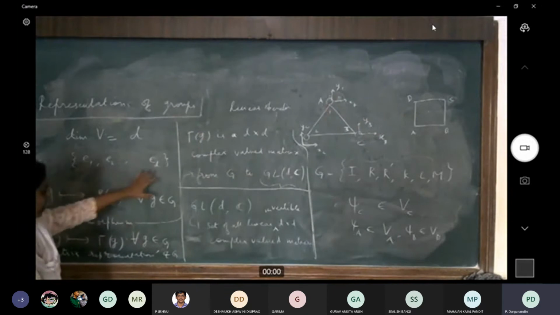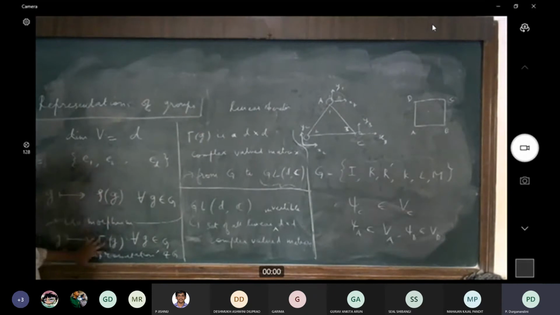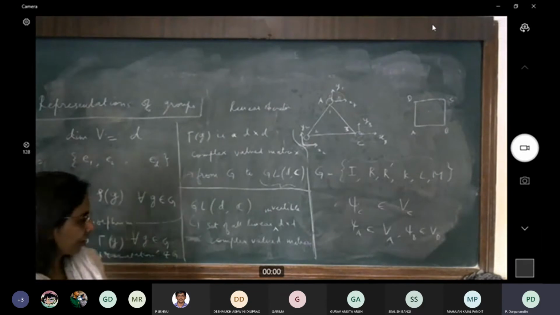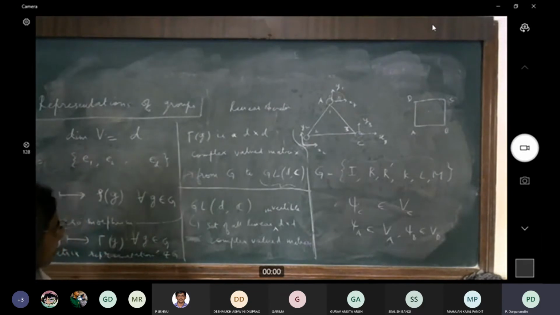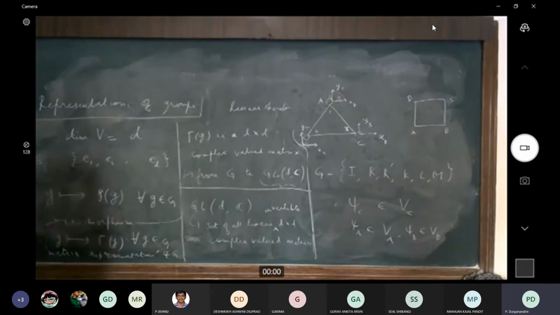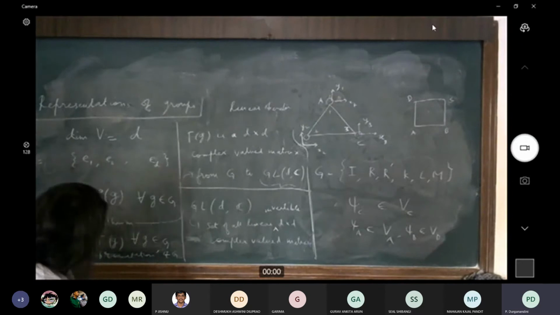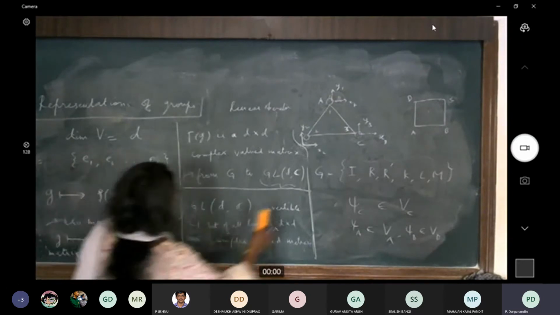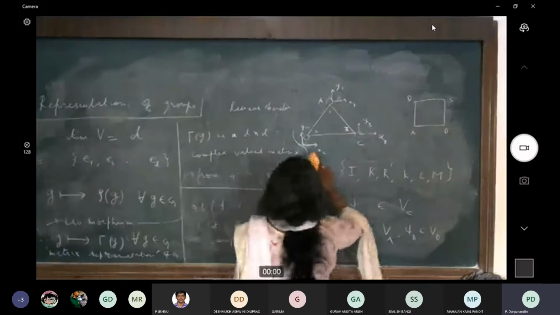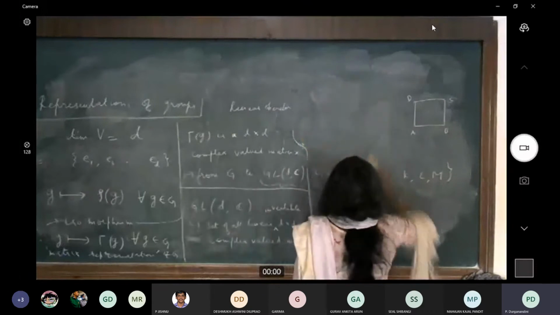So on this space I will get a matrix realization in terms of 6 by 6 matrices, matrices of order 6. A very important part is this, which I'll draw again later.